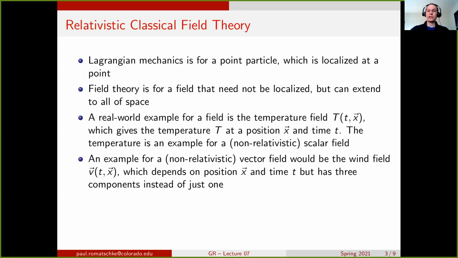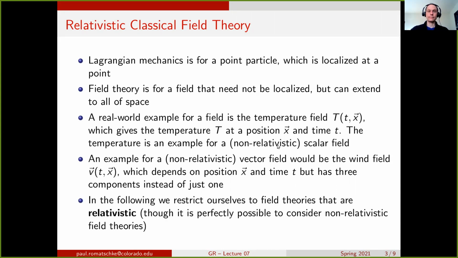Another example for a non-relativistic field that is different from the scalar field is the wind field, vector v of x and t, which just is the wind, including its direction, at a position x in space and at a certain time t. And the difference with respect to the temperature field is that the wind field would have 3 components at every point in space and time, instead of just one component like the temperature field. So that's the difference between a vector field and a scalar field.